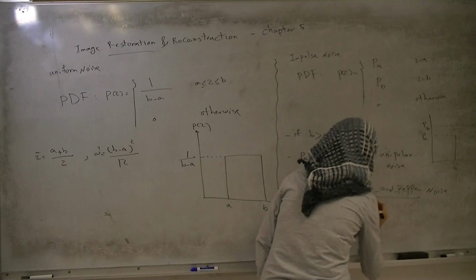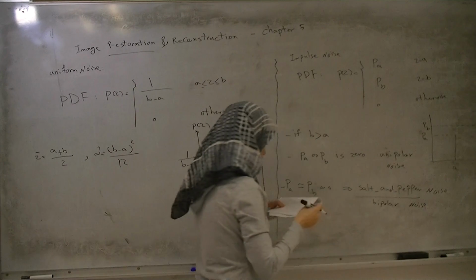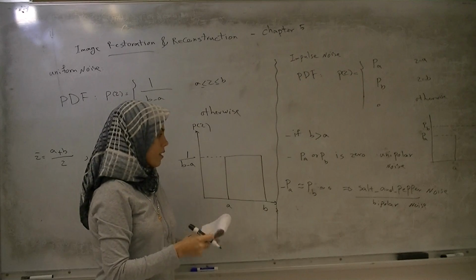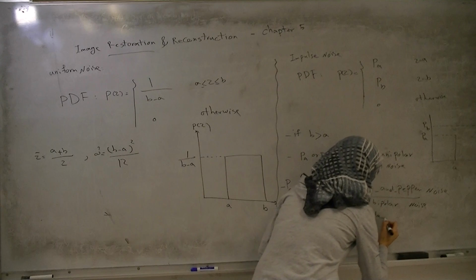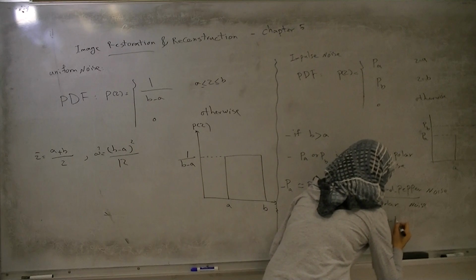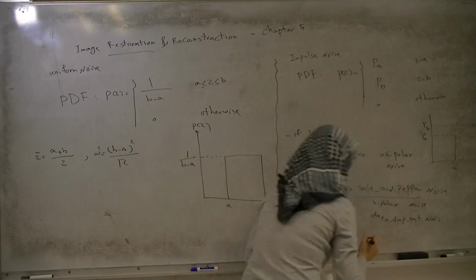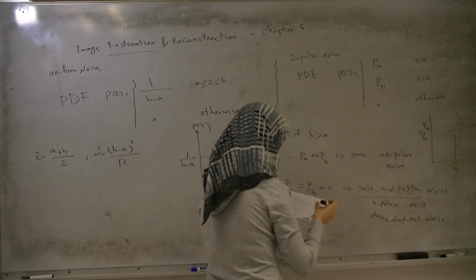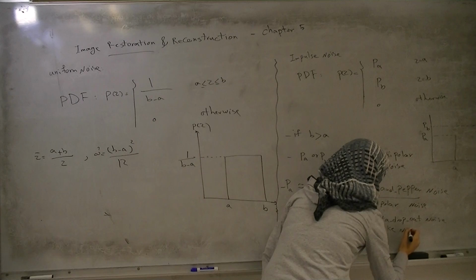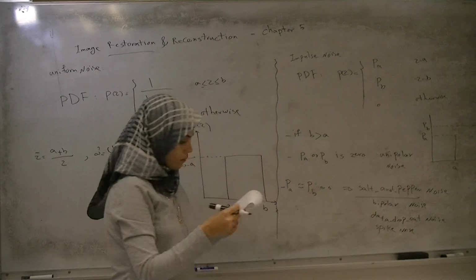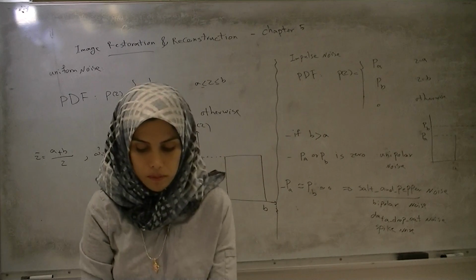It has other names such as salt and pepper noise, and also drop-out noise. Maybe you will see in some papers they use it as shot noise also. All of these refer to the impulse noise with some condition.